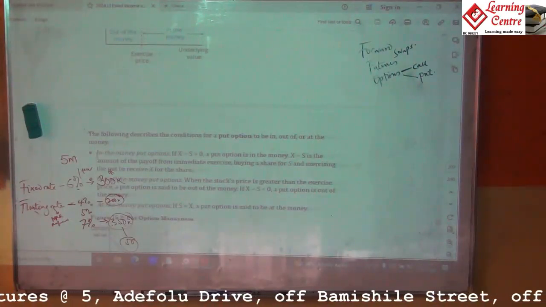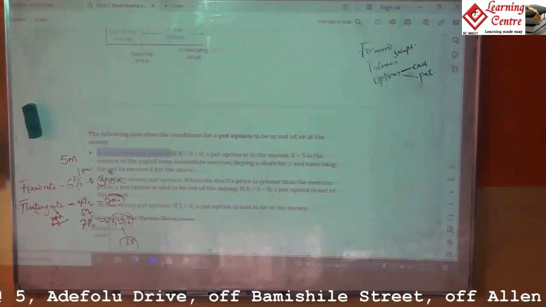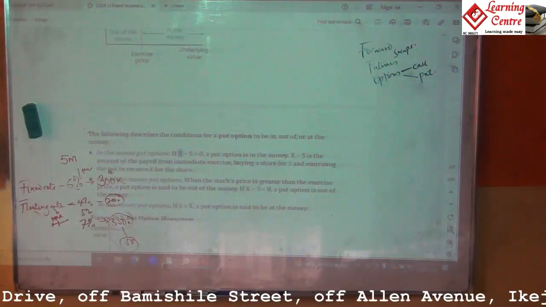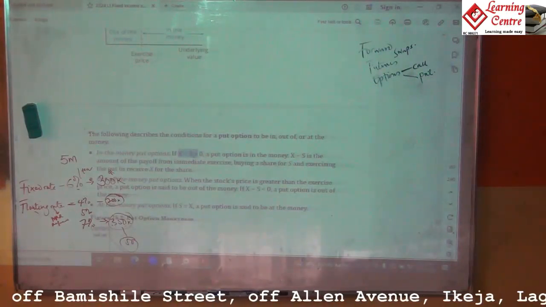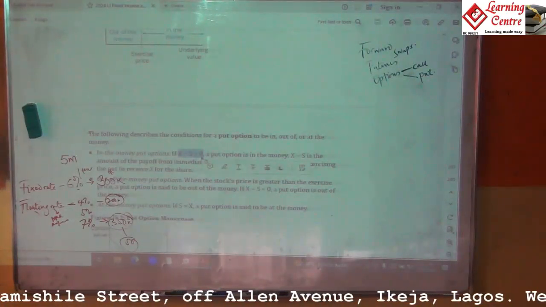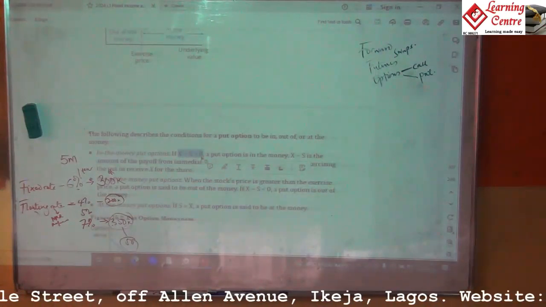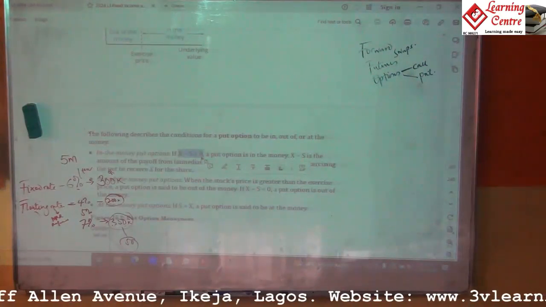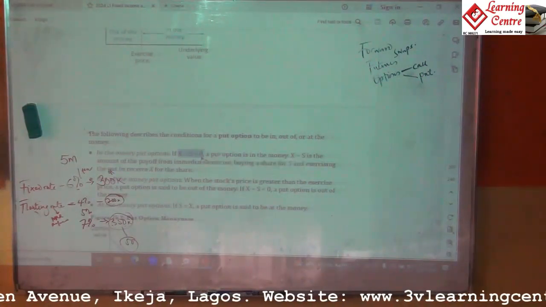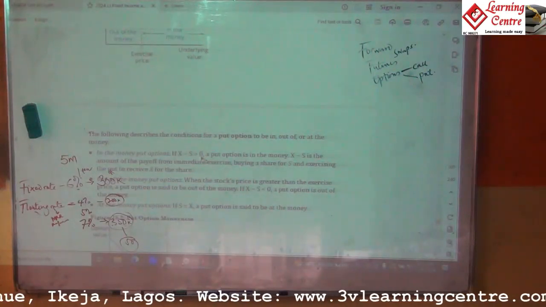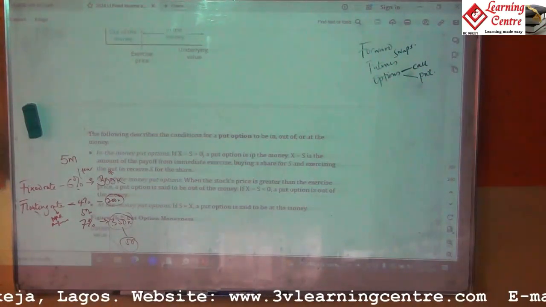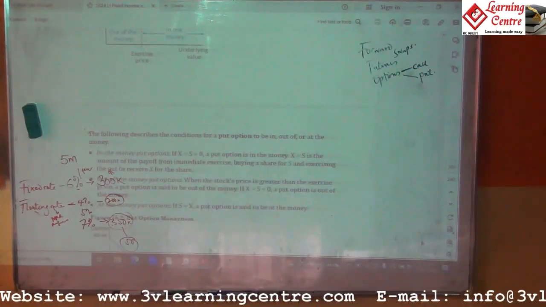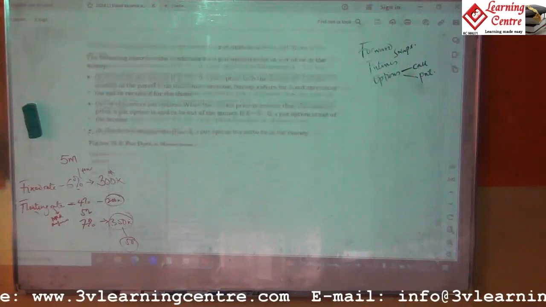So the first one says if the money put option, meaning X, which is the agreed price, is greater than the price in the market, now I am selling as a put option, so I'll be very happy. It makes sense for me to go ahead because I will make money. So that's in the money. Out of the money is the opposite, and at the money, I'm not gaining, I'm not losing.